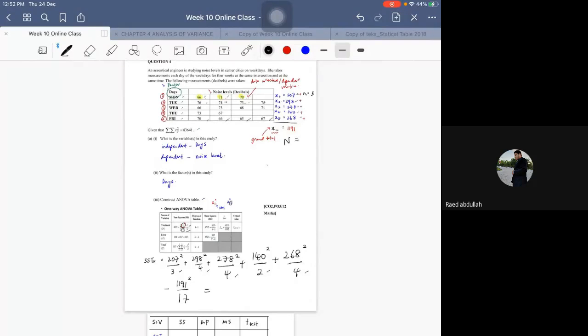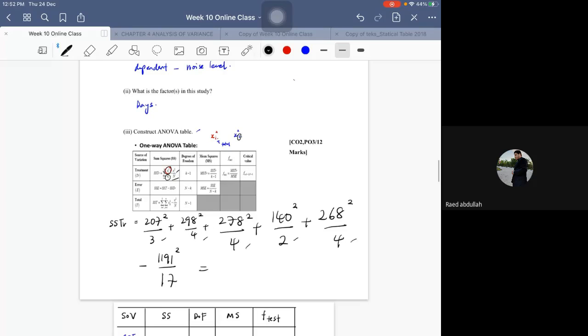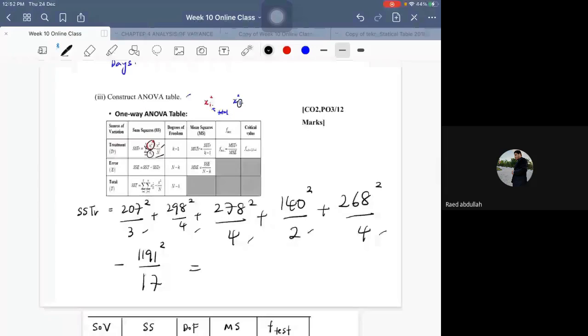So what is the value of my SSTR? Can someone calculate that for me? 120.9411.